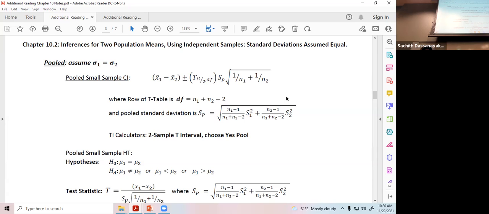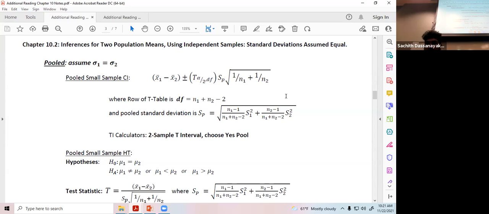If you are not dealing with pooled standard deviation, which means whatever we discussed in section 10.3, we call it the non-pooled t-test. I think I didn't mention that word before. Because we don't use pooled standard deviation, that's why we call it the non-pooled t-test. That's the general word that we use.